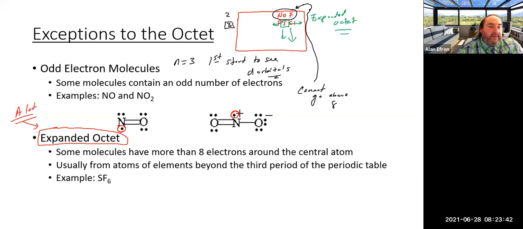They don't have the ability to go above 8. But if you go to where sulfur is, a little to the left, and then down in the non-metal region, those guys definitely have the ability to go above 8. Again, this exception to the octet rule, the expanded octet, is one that you see a lot in this class and in most chemistry classes. Any questions on that?